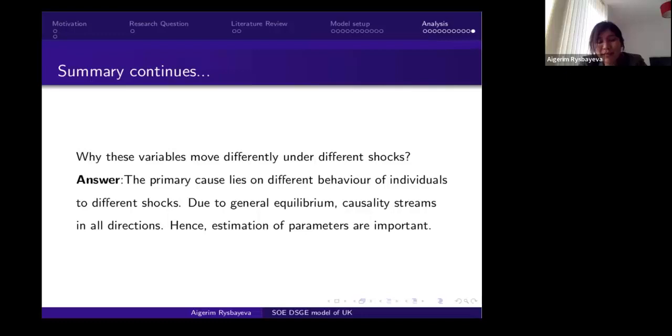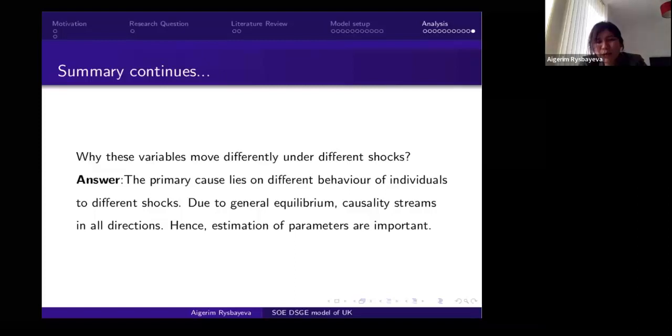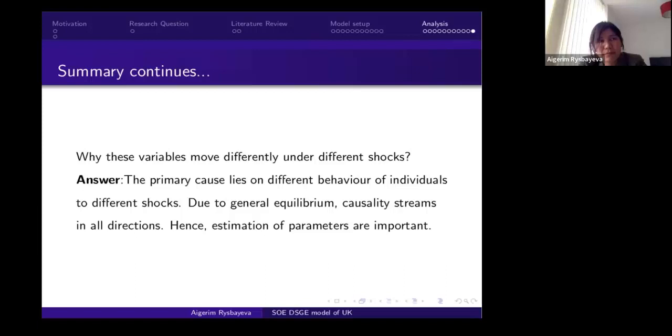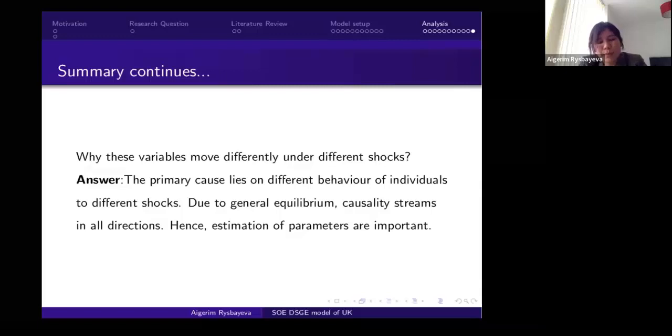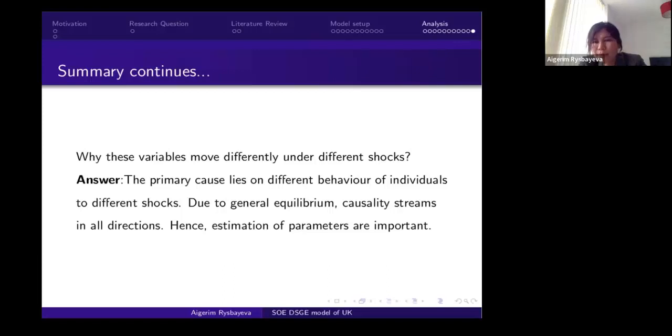Of course, some parts will be different. For example, for the UK I used local currency pricing, so I assume all imported goods are priced in sterling, but for Uzbekistan they are probably priced in dollars. Am I right?